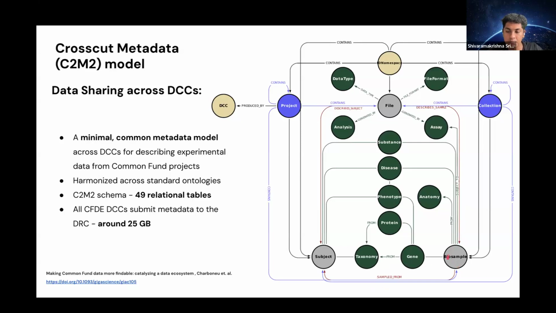And the way biosamples are obtained is via assays that ultimately generate files which contain a few attributes such as file formats, data types, and are generated by certain kinds of analyses. And eventually, projects end up containing files directly, and there is an intricate relationship between each one of these tables.